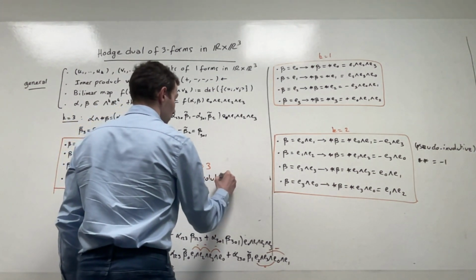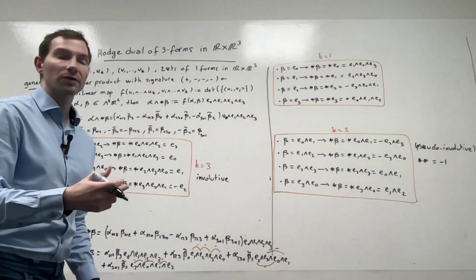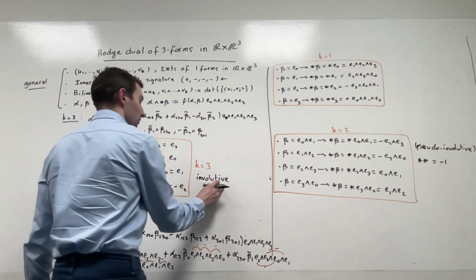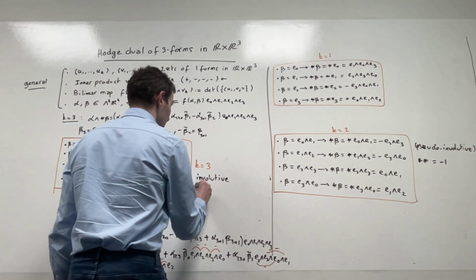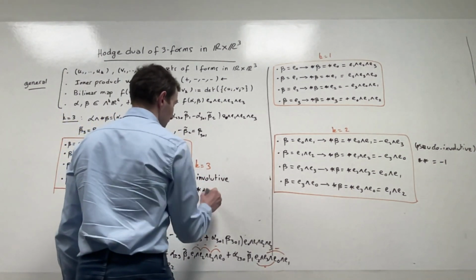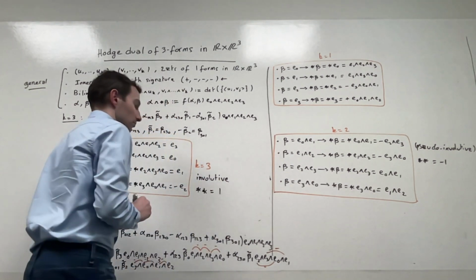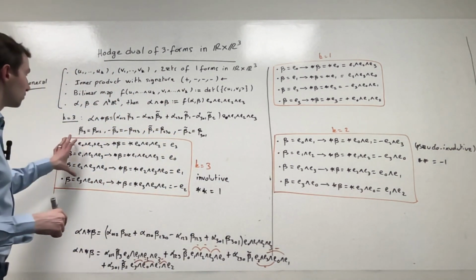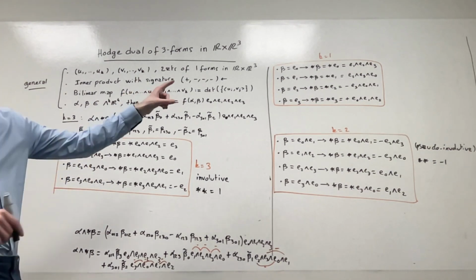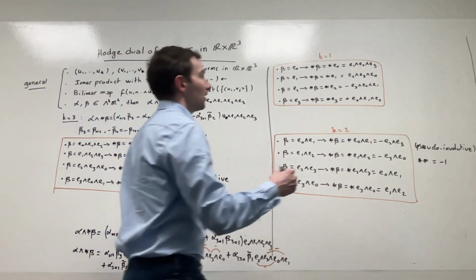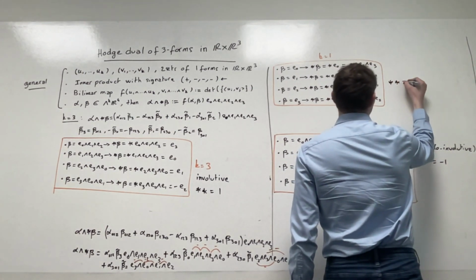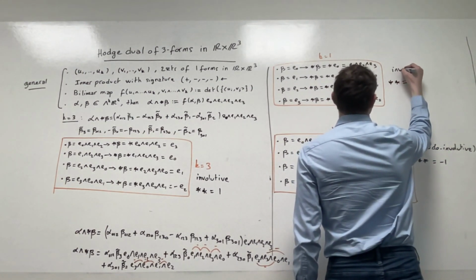So it depends on the rank of the forms you are applying it to. Involutive means that star star is equal to 1. So applying the Hodge dual twice to these three-forms or to these one-forms is going to be involutive, equal to 1.